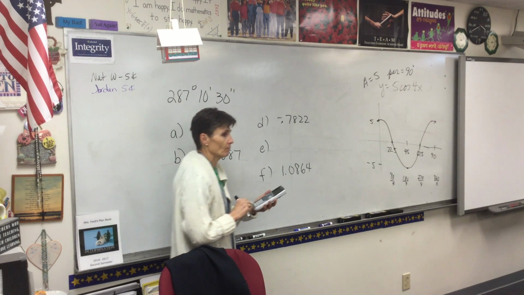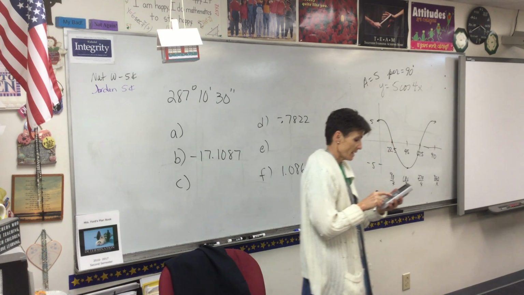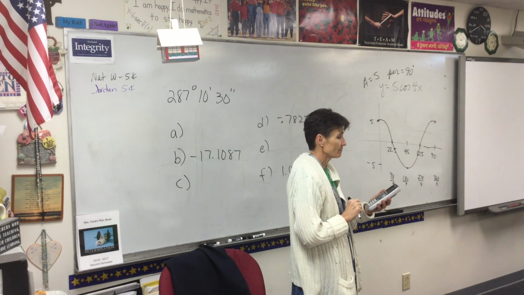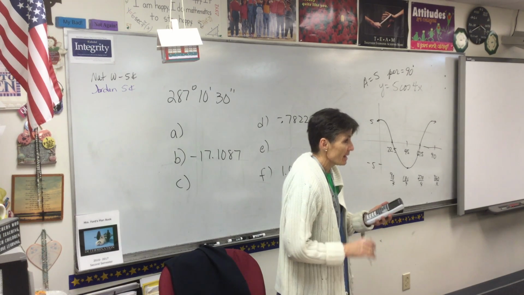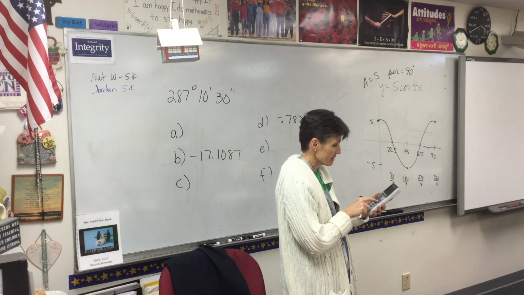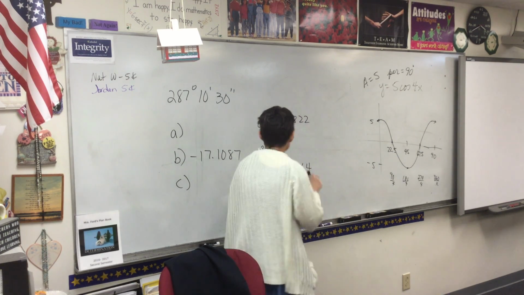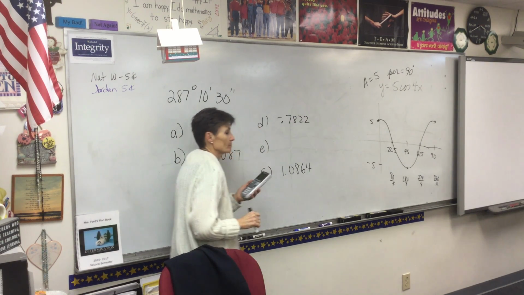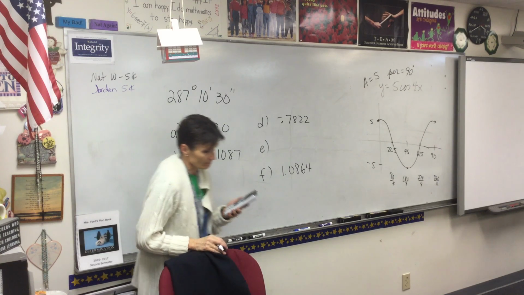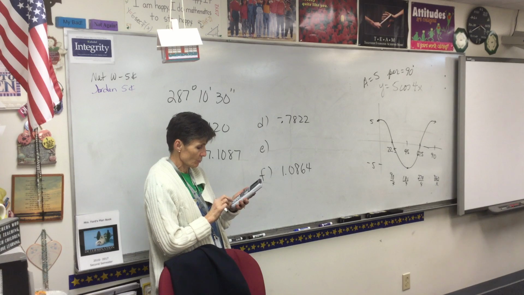Caroline, what am I going to do now? Go to mode and change it to radians. A, secant tangent 1.375, 0.9420. C, oh Lord, if you miss this one, there's no hope.